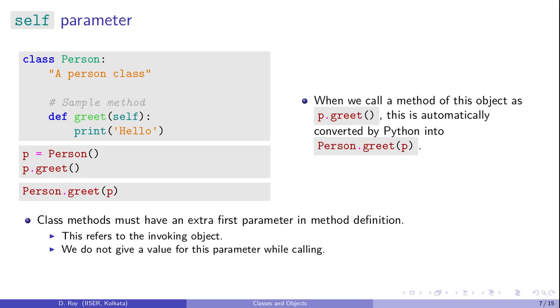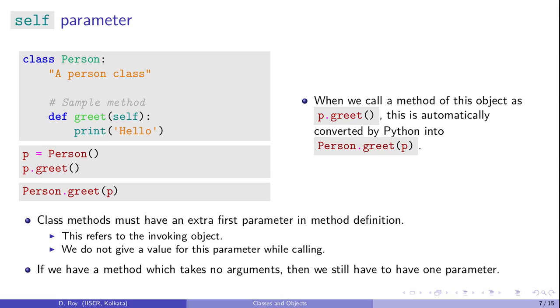While calling the function, we need not provide any parameter value for this self. And if we have a method which does not take any argument, we still have to pass this self parameter while defining the function.